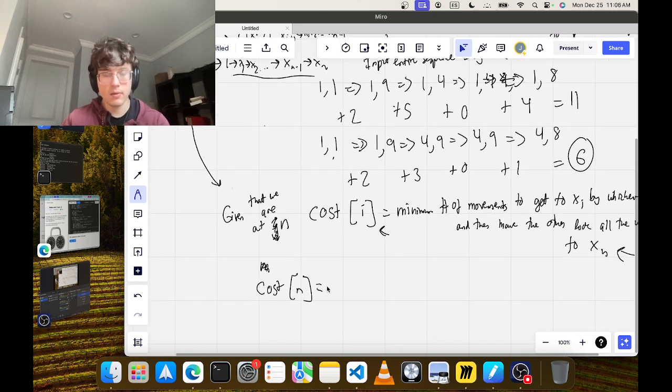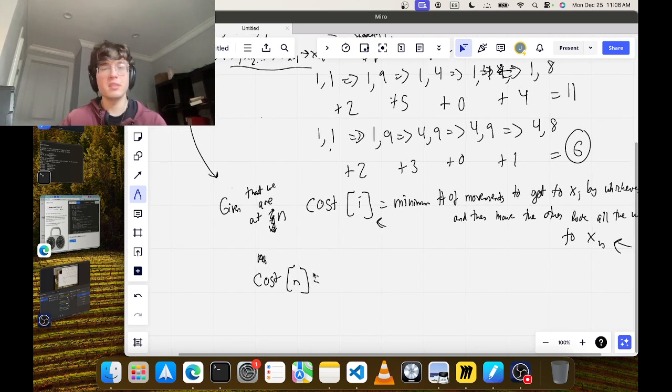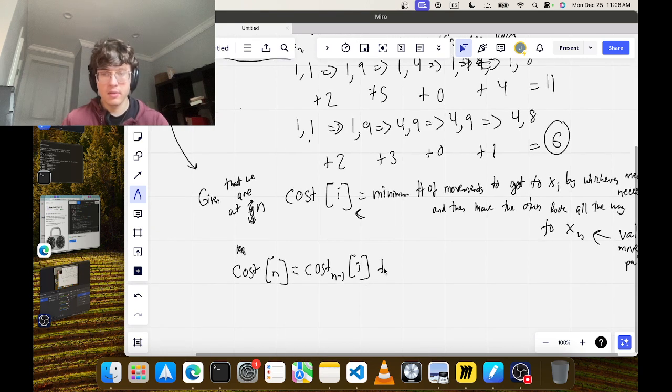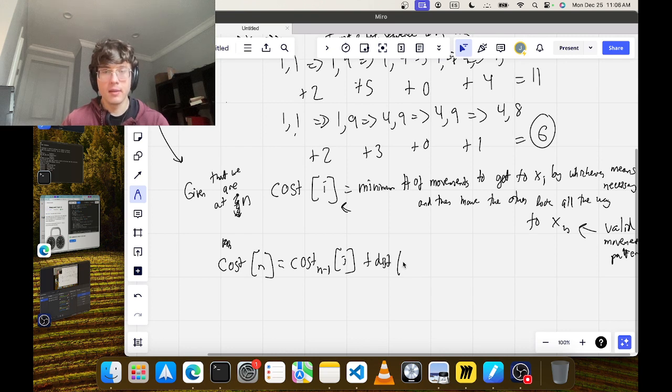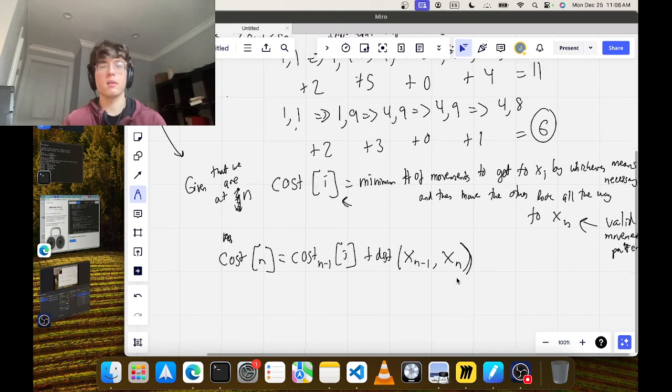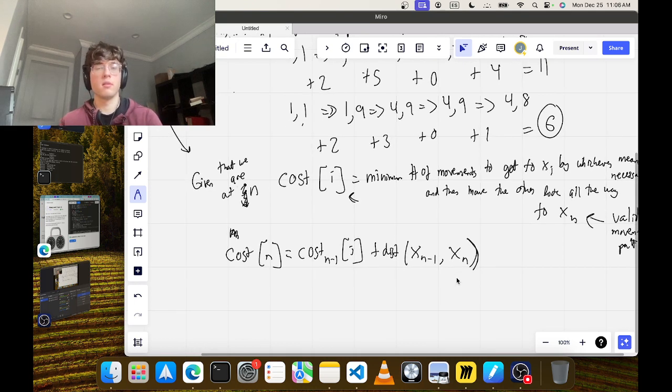So I'm basically looking at cost n minus 1 of i plus the distance between the combination, x n minus 1 and x n. I think that's right.